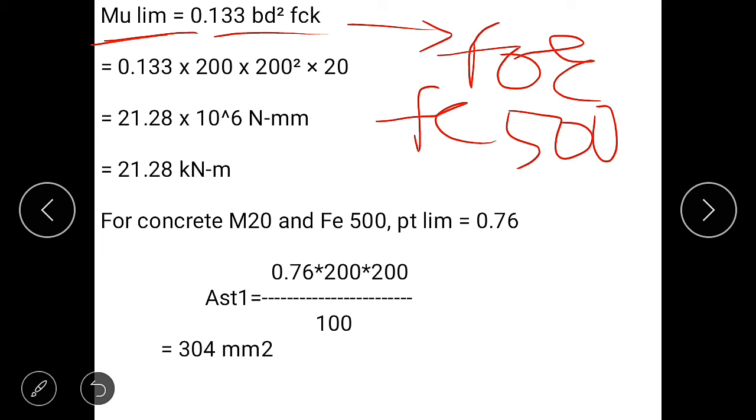So for Fe 500 the formula is 0.133 bd square into fck. So 0.133, B is 200, D is also 200 square, into fck is 20. So our Mu limiting is 21.28 into 10 to the power 6 Newton mm, or 21.28 kilonewton meter.